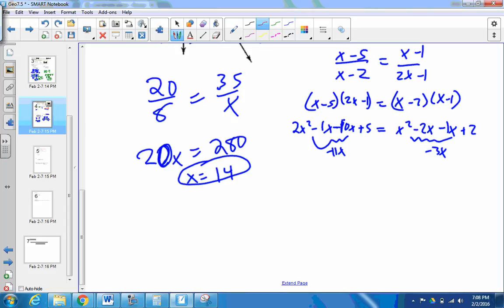So let's get rid of this 1x squared over here, so we're left with 1x squared over here, because we want them all on the same side to solve the quadratic. So we're going to add 3x over here, and add 3x over here. So you have minus 8x. Then we're going to minus 2 over here, minus 2 over here, and minus 3. So we have nothing left over there. That's all gone.